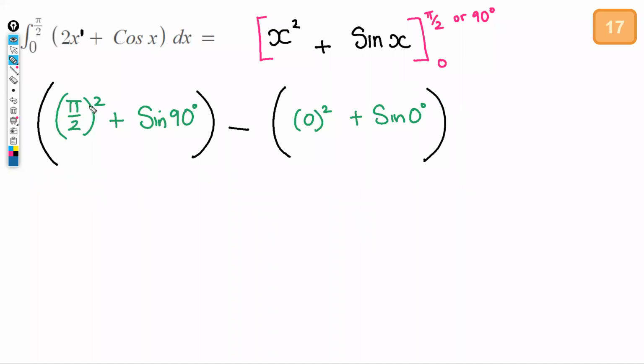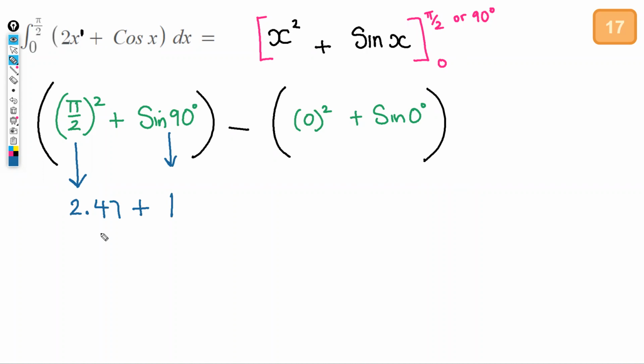So pi on 2 squared, now I think I'm not going to have a choice but to work out the decimal form here because I don't want to put pi squared on 4. That would just look too odd. So pi divided by 2, and if I square that, I am going to get 2.47, plus sine 90 is 1.